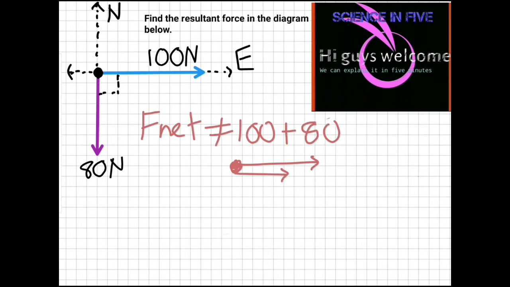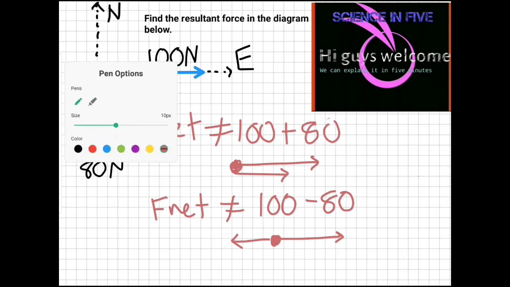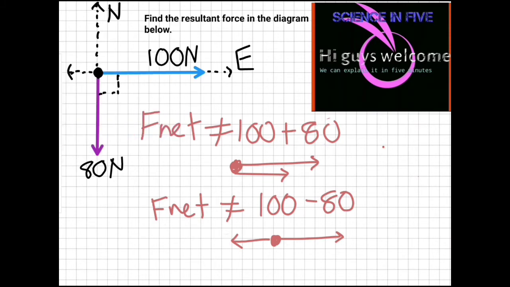Okay? We can already tell that the net force is not going to be equal to 100 minus 80 or 80 minus 100. Why? Because these vectors are not going in opposite directions. So, because these vectors are not going in opposite directions, we already know that the net force cannot be found by doing that.